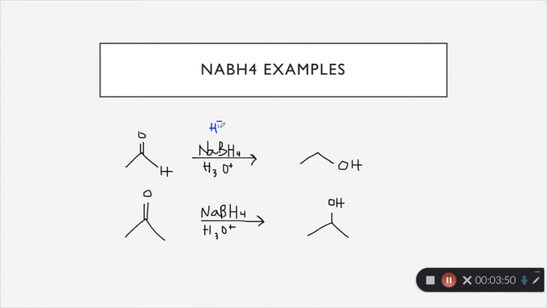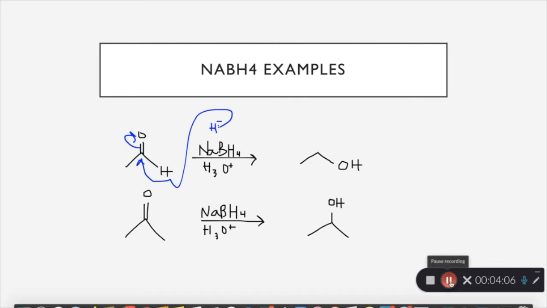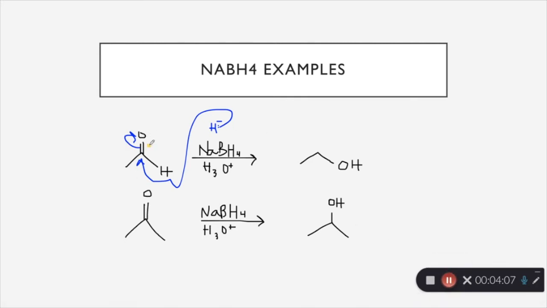And that hydride ion is going to come and attack the carbonyl carbon right here, and that will push these electrons up. And then we also have acid down here, and that acid will protonate this oxygen right here. So then that is going to just leave us with a primary hydroxyl group on that carbon.